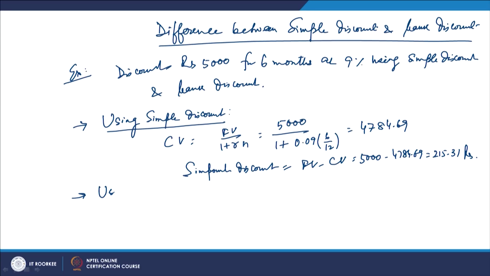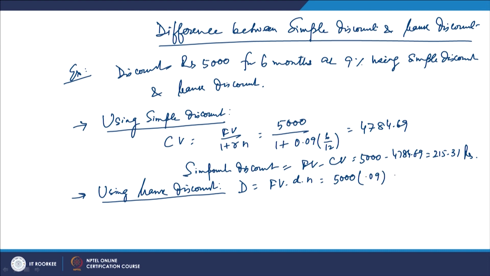Now, if you use the bank discount, in the case of bank discount, we know that D will be FV into D into N. In this case FV is 5000, and the D is again 0.09, and N is certainly 6 by 12.